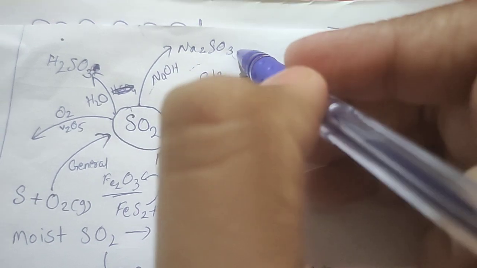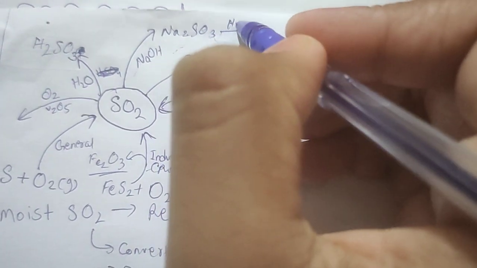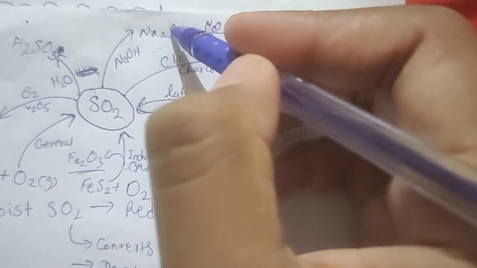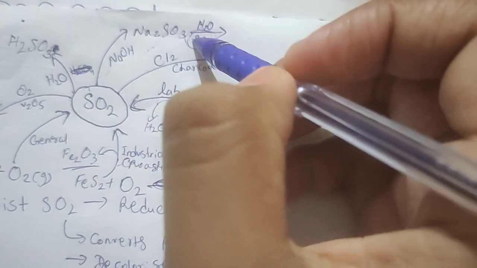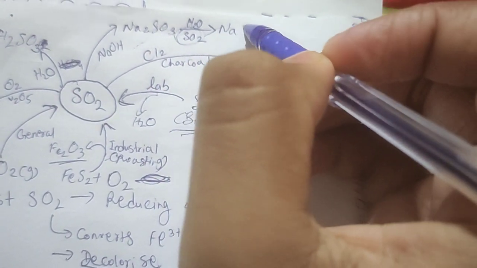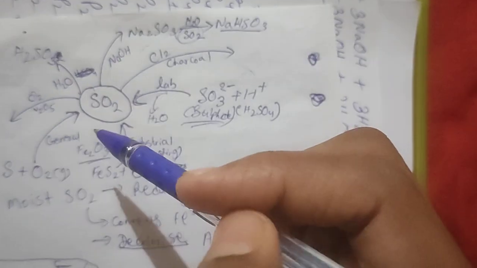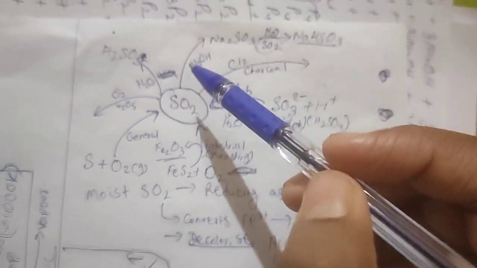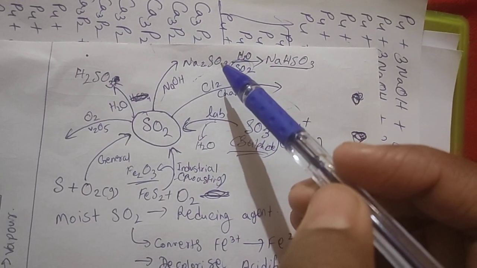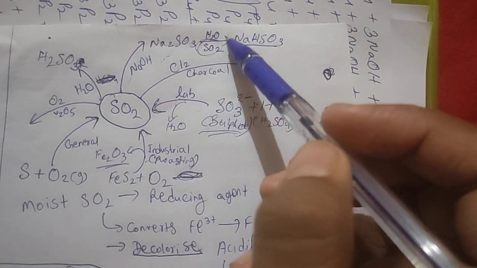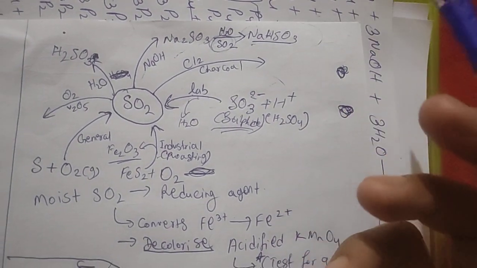And if you again add excess of water and SO2, this is already an aqueous solution, but when you add more SO2 to Na2SO3, it transforms into NaHSO3, sodium hydrogen sulfite. So SO2 when you react with NaOH becomes sodium sulfite. When it reacts with excess SO2, it transforms into sodium hydrogen sulfite.